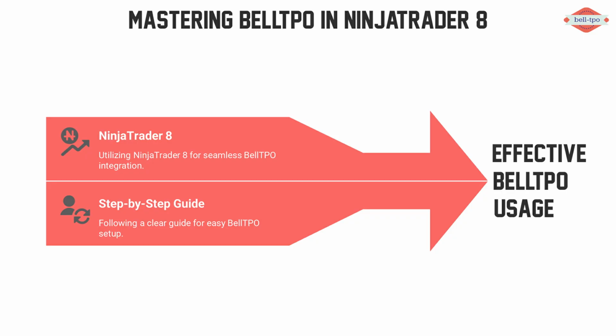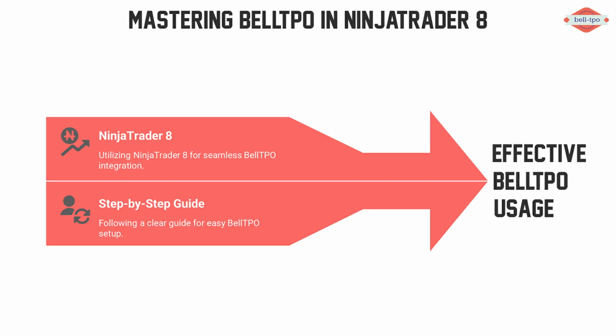Mastering BellTPO in NinjaTrader. As I've told you, NinjaTrader is our core platform where all our BellTPO indicators run. It allows for smoother integration and provides the basic charting environment.